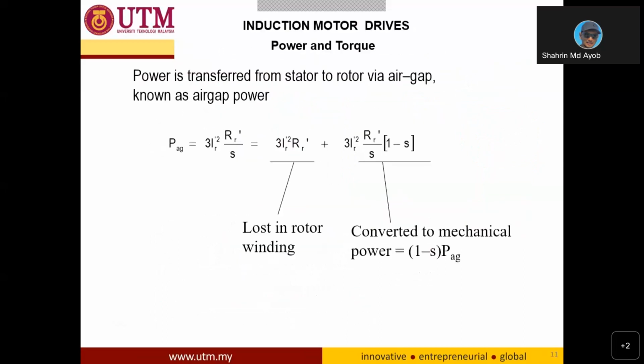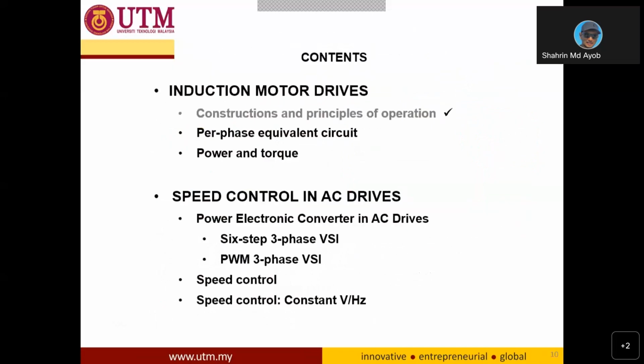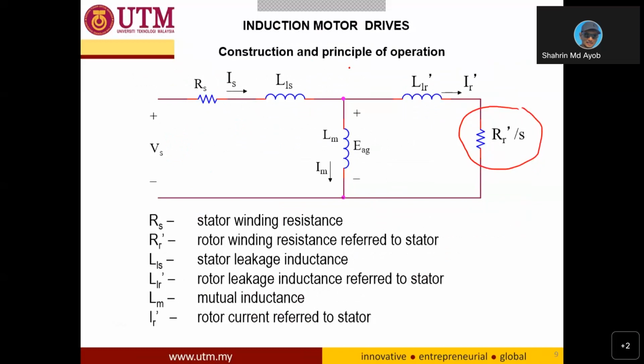So this is the power equation on the rotor side. So this is actually the power air gap. The power that has been transferred to the rotor. Power air gap is actually the power that kat sini lah. That transfer.